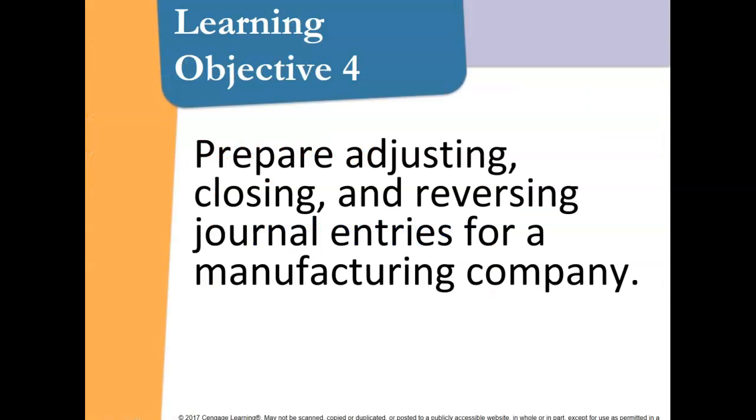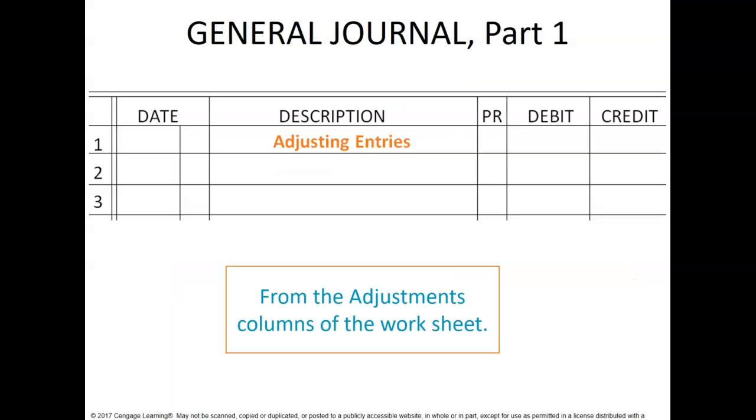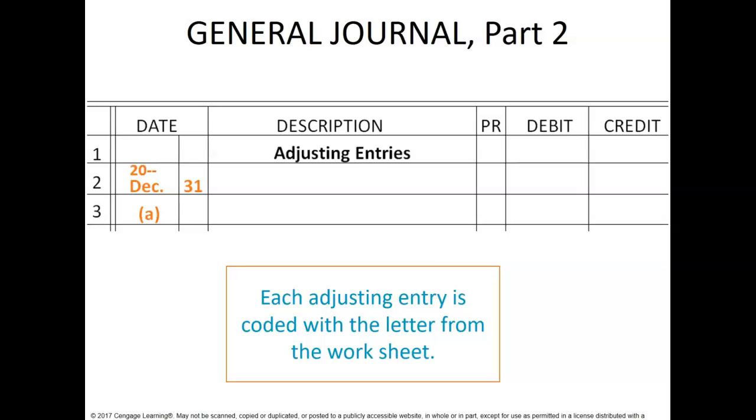And lastly, we are going to prepare our adjusting, closing, and reversing journal entries for our manufacturing company. So now we are at the adjustments column of the worksheet. And we're going to use these same transactions from the book that we had worked with during the first video.